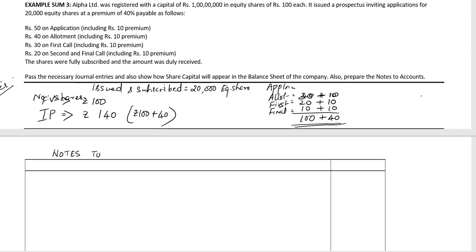Notes to accounts. We have particulars and a rupee column. The first note, share capital. Let's begin with the authorized capital. Authorized capital is rupees 1 crore in equity shares of rupees 100 each.